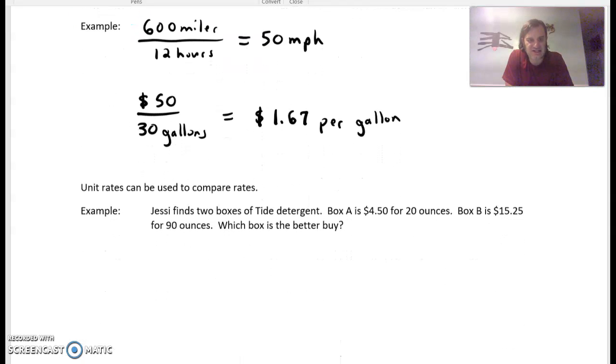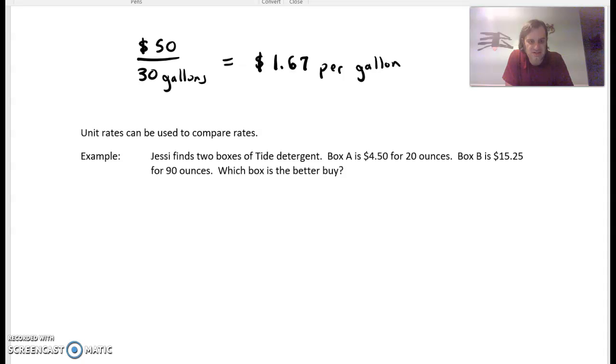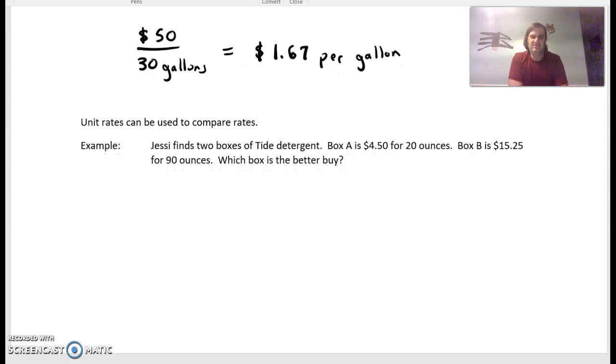So as I just hinted, unit rates can be used to compare rates. I've got an example. Jesse finds 2 boxes of Tide detergent at a store. Box A is $4.50 for 20 ounces, and box B is $15.25 for 90 ounces.